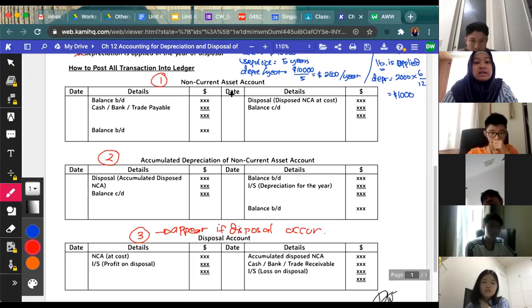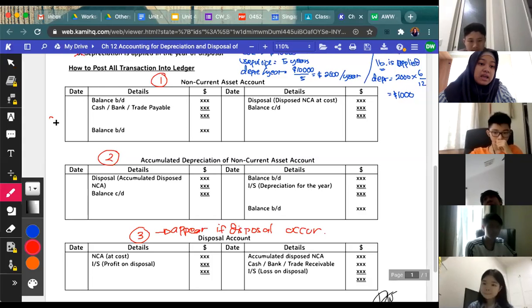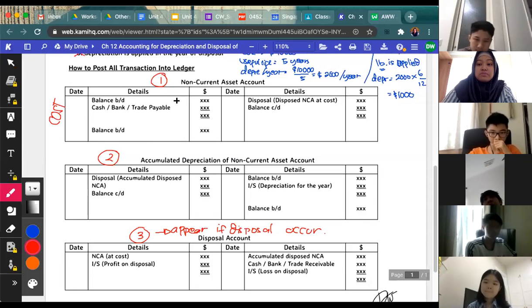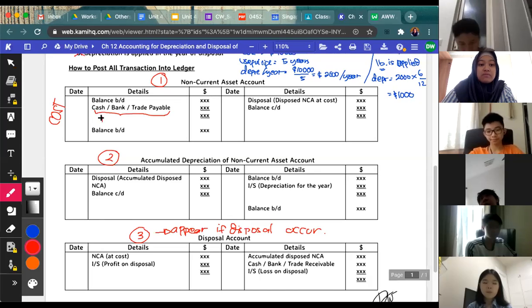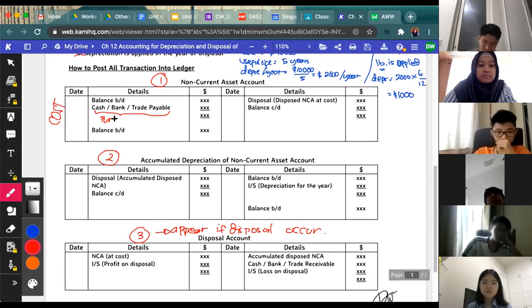So, the non-current assets account. How to do the non-current asset account? This will always be stated at cost. Yeah, so balance b/d, you know balance b/d, yeah? Since it is an asset, the balance b/d will be on the debit side, okay? Now, cash bank and trade payables stand for purchase of new NCA.